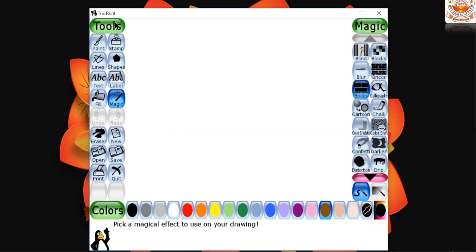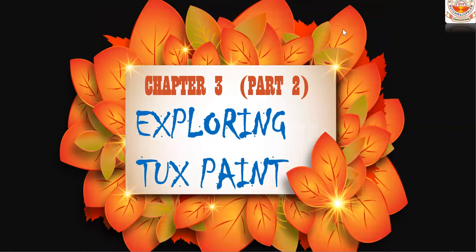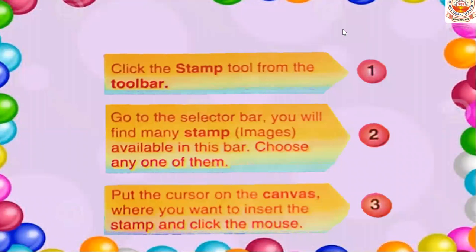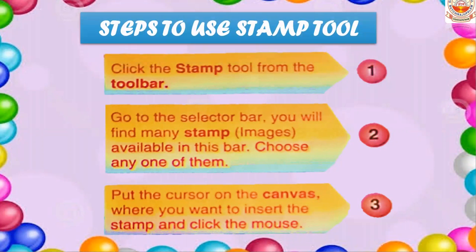So you can see in the toolbar, the stamp tool is here. So first let us see the steps to use the stamp tool. Okay, let us see the steps now, children. These are the steps to use the stamp tool. First you have to click the stamp tool from the toolbar.